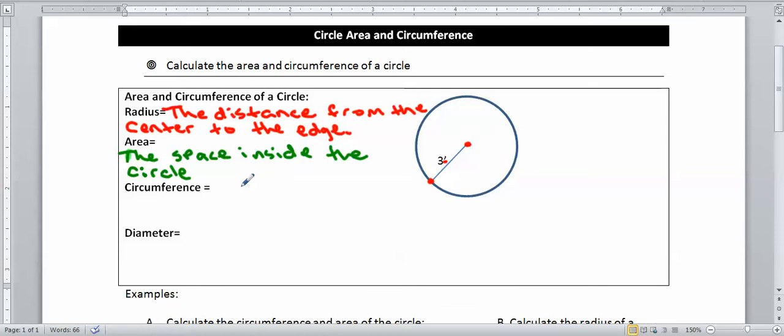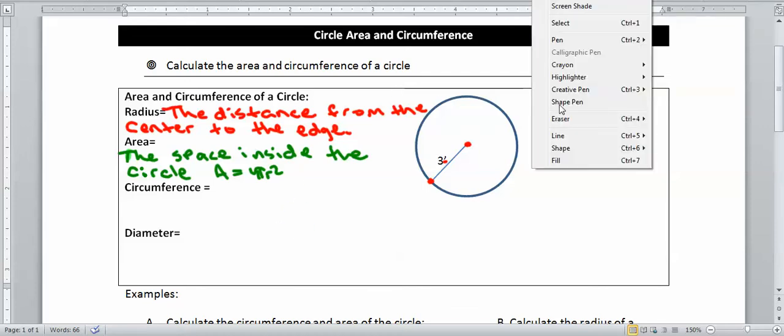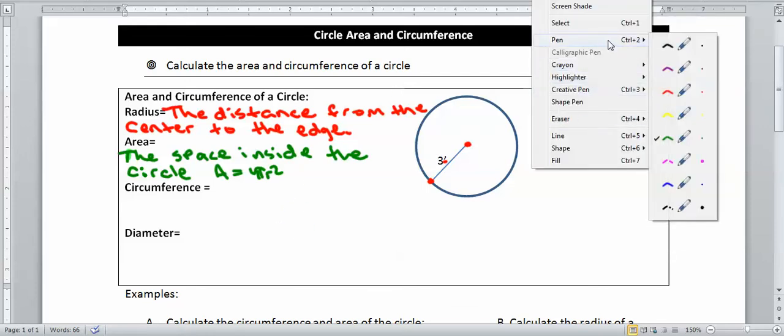Okay, and it's represented by the formula area is equal to pi r squared. So once we have the radius, we can find the area by plugging it into that formula and solving. Okay. The next thing we have to know is circumference.